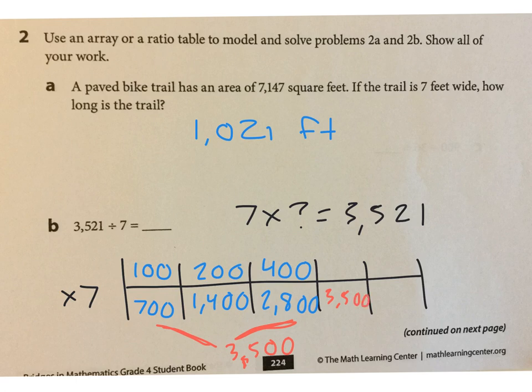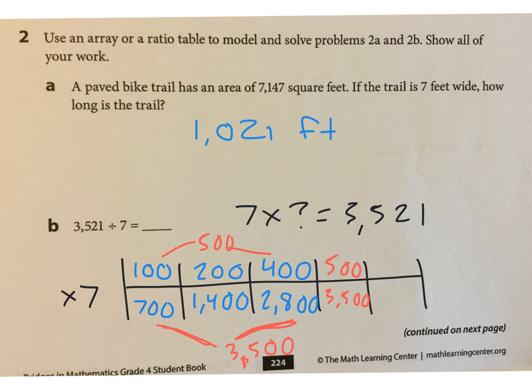And the way I got that was by adding 100 plus 400, which of course is 500. And that makes sense because we can also just think through this as a large multiplication problem. 7 times 500 is 3,500 because 7 times 5 is 35.